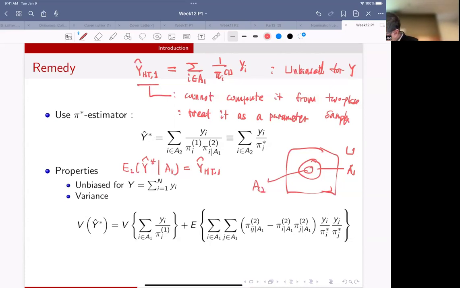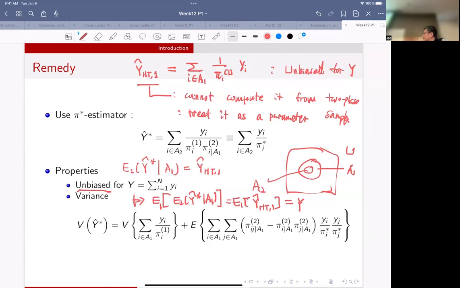Then the expectation of Y hat Horvitz-Thompson one is Y. So that gives us an idea of how to show this unbiasedness, right?